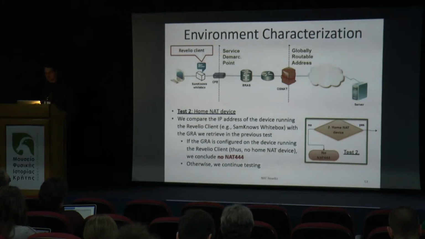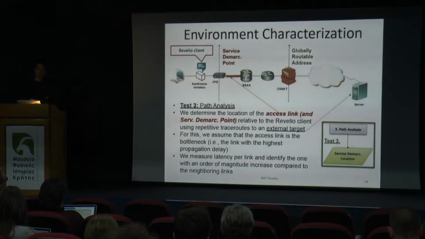The second test tries to determine whether the CPE device performs NAT or not. If the IP address of the CPE is a public address, then it means that it's not behind NAT. Otherwise, Revelio continues with the third test, which is the detection of the access link.